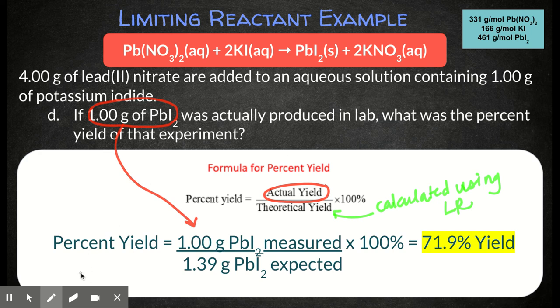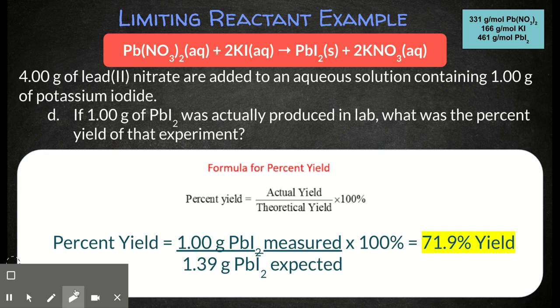Okay. And so this was a step-by-step walkthrough of how to approach limiting reactant problems, and how to determine what the limiting reactant is, what your theoretical yield is, how much you can actually make, how to calculate percent yield, and the excess reactant, how much is left over.